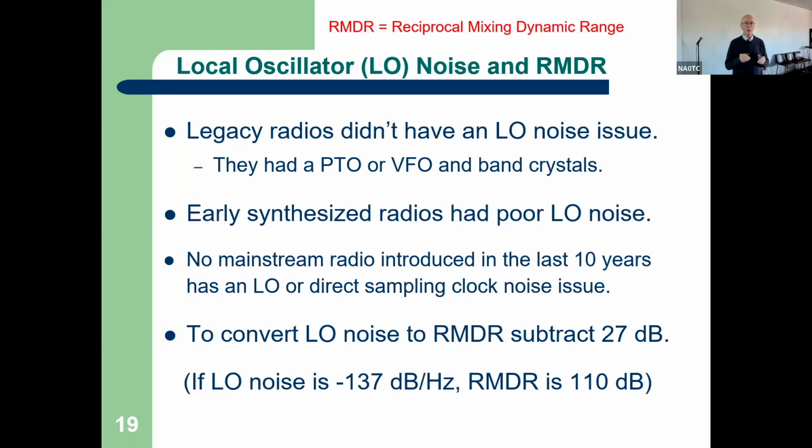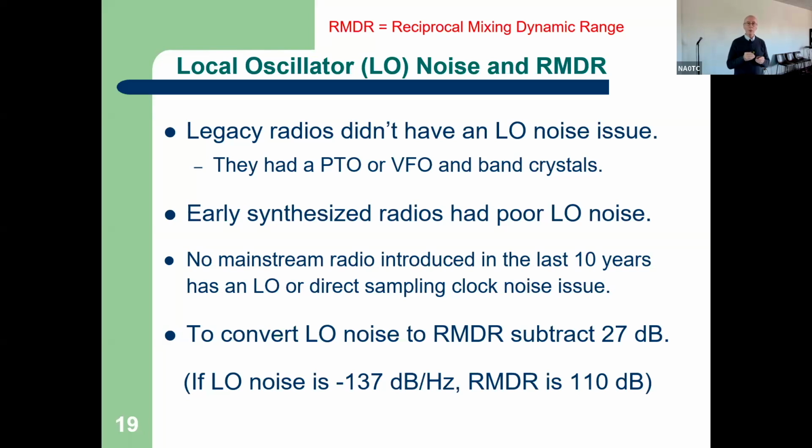So we didn't have anything that made noise of any significance. I mean, everything has noise, but it was not on the radar. Then along came synthesized radios. Well, that was great. We had digital readout, no drift, quite likely general coverage, but synthesizers were terrible. So we're lucky now in the last 5 or 10 years that this is a non-issue.